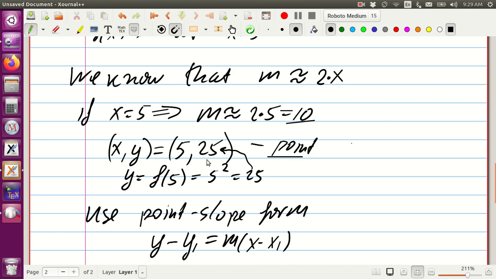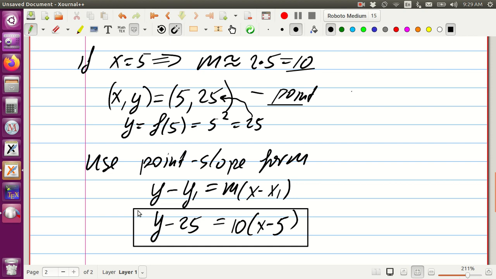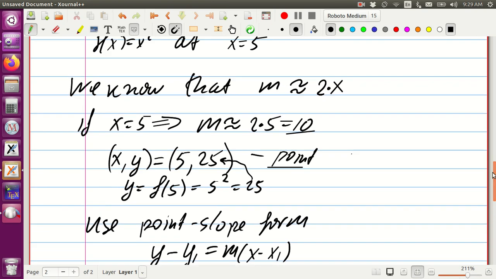And our point is 5, 25. So y minus 25 equals 10 times x minus 5, and that's good enough. So we solved this exercise because we did this part in the previous exercise.